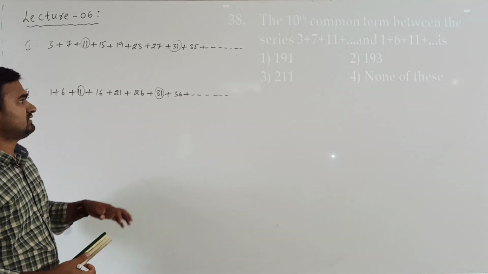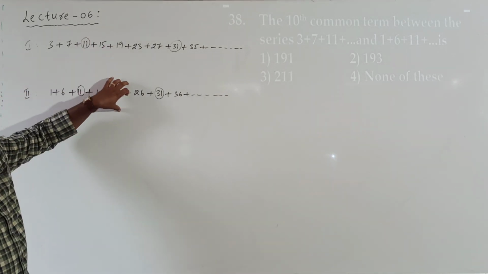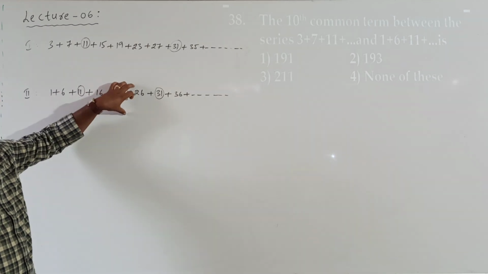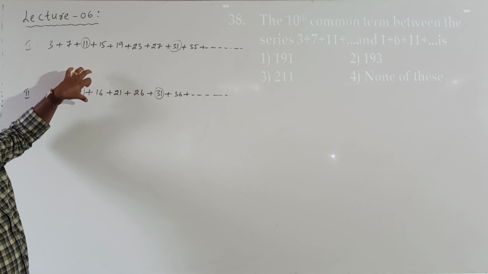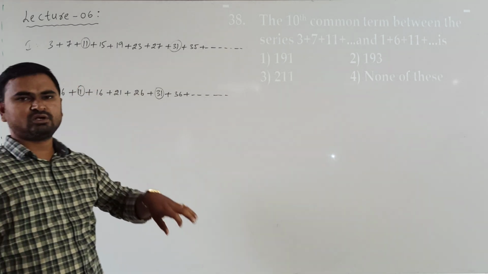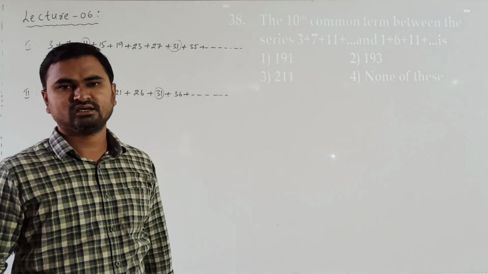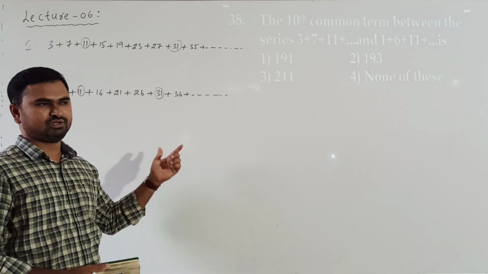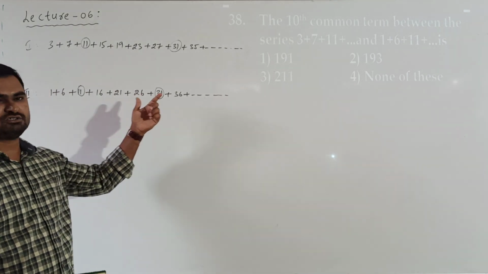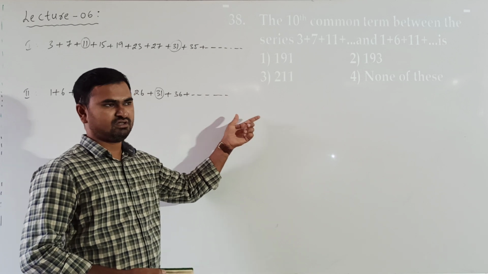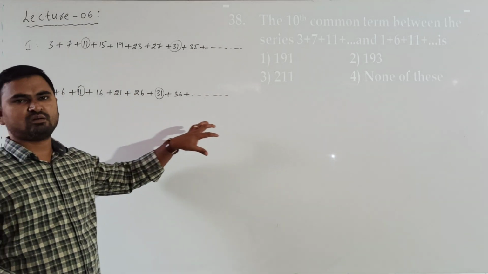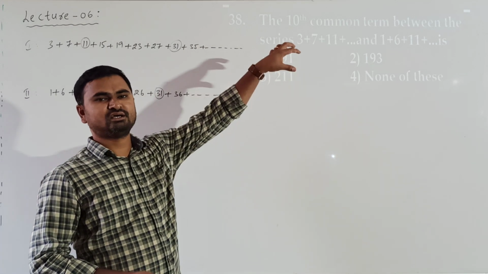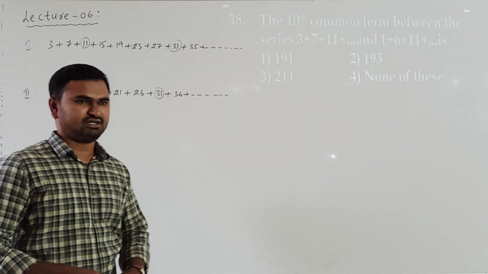Now when we are having two arithmetic progressions and we are taking the common terms, these common terms also will be forming an arithmetic progression. If you know the first term and the common difference, then we can find any common term that is required.